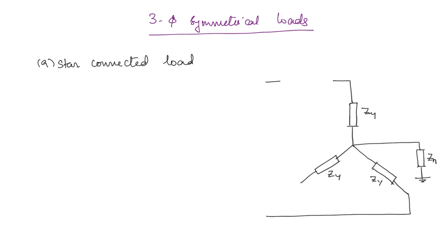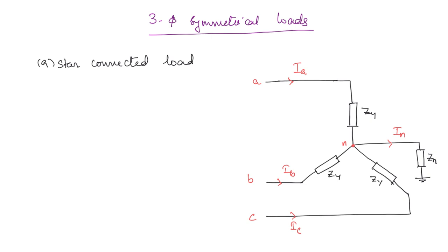Now you can also take the currents. This is phase A, this is phase B, and this is phase C. Here this current is IA, IB and IC, and through the neutral there is going to be current IN. Also mark this point, the neutral point.